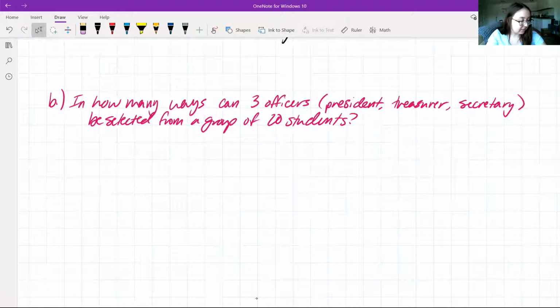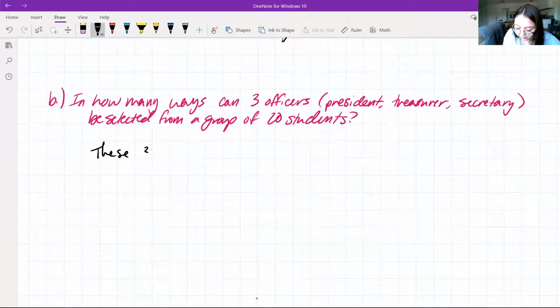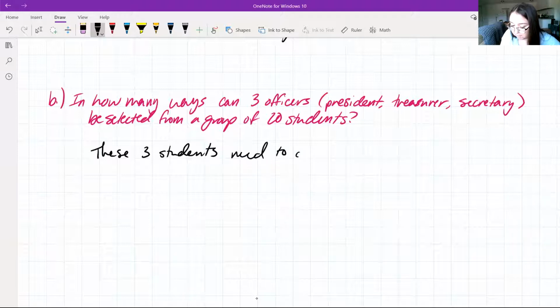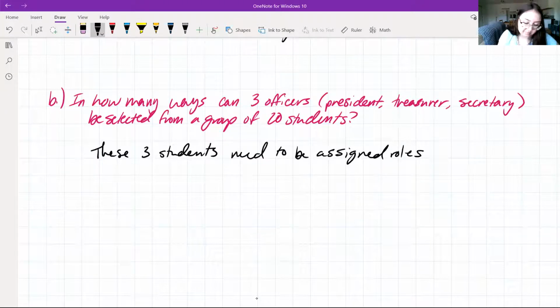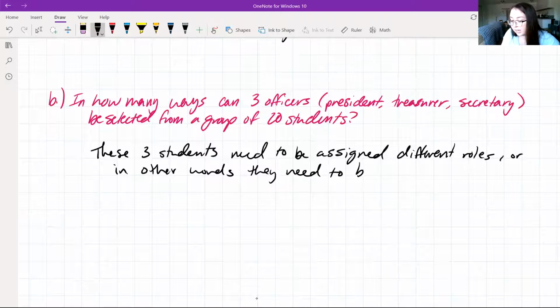So if we're thinking of 3 different officers, we know that these 3 students need to be assigned different roles, or in other words, they need to be arranged by role.